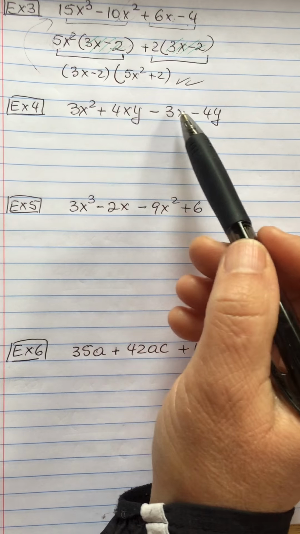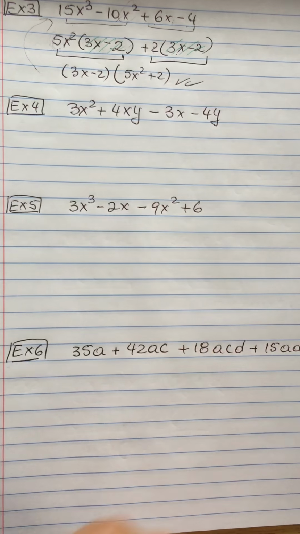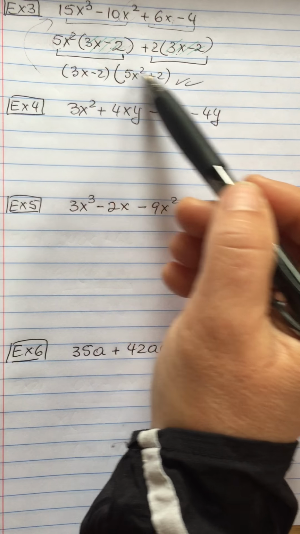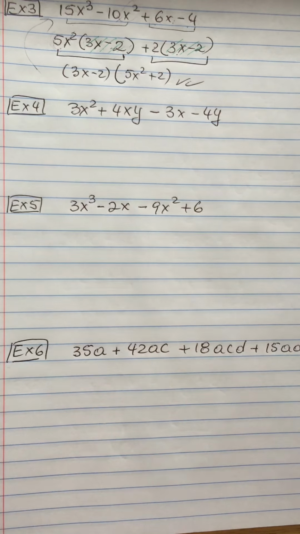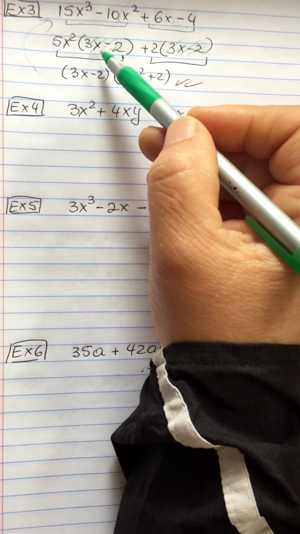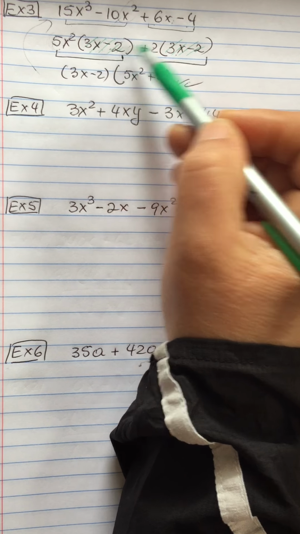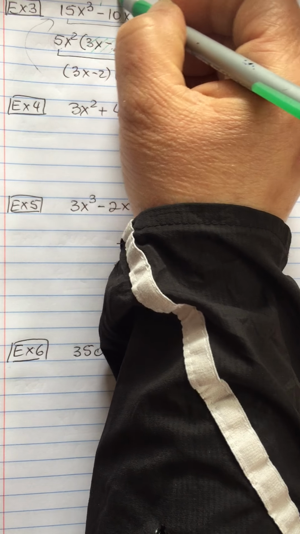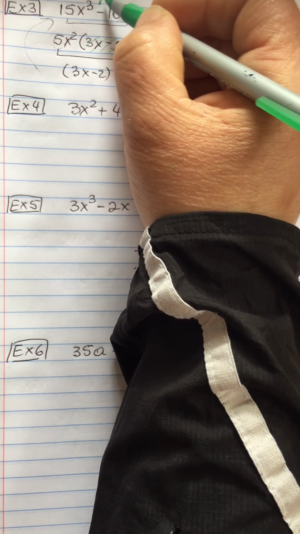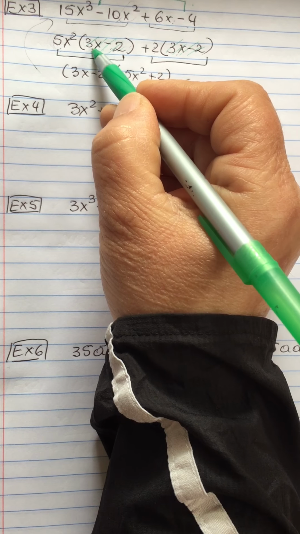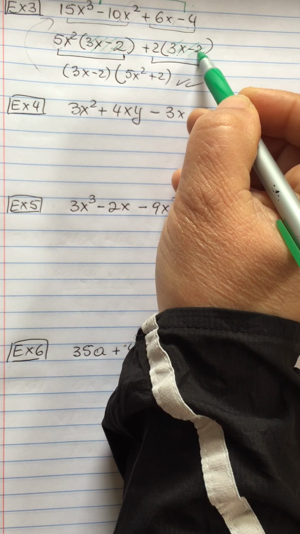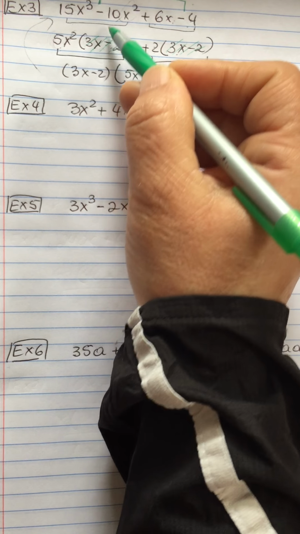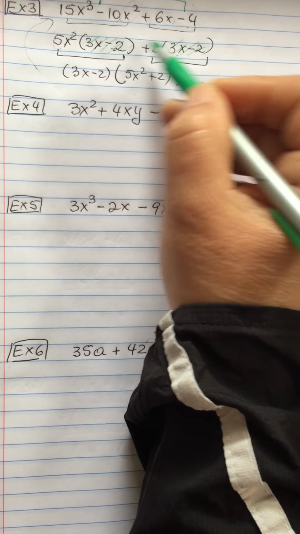Now, before I continue, I want to discuss something. Example 3 is factorable. So we worked and we factored it. Now, why? Because we saw that these binomials in both groups were exactly the same, and this came from the original groups. Let's check. We have 3x minus 2, 3x minus 2. The signs that separate the terms are exactly the same.